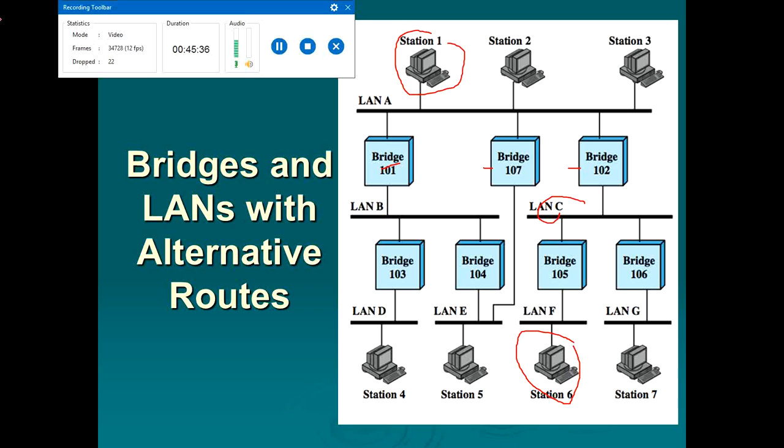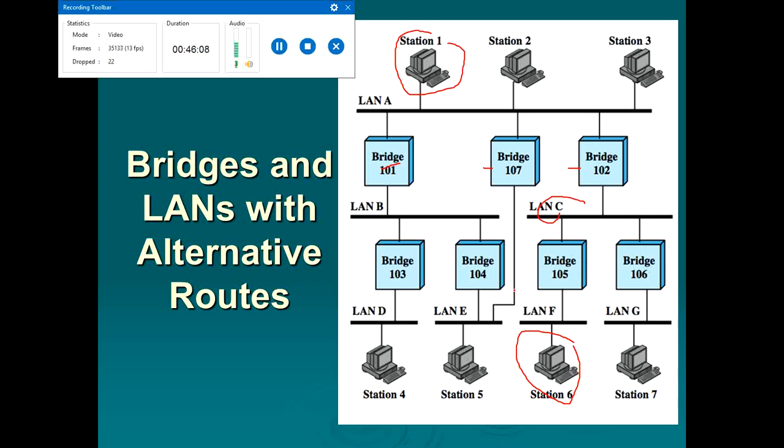Now in this figure, if you see, between LAN A and LAN E there are 2 routes. The first route is from bridge 101, LAN B, then bridge 104, and then LAN E. Another route is from bridge 107 directly to LAN E. Such duplication provides for higher overall internet availability, and it creates a possibility for load balancing.